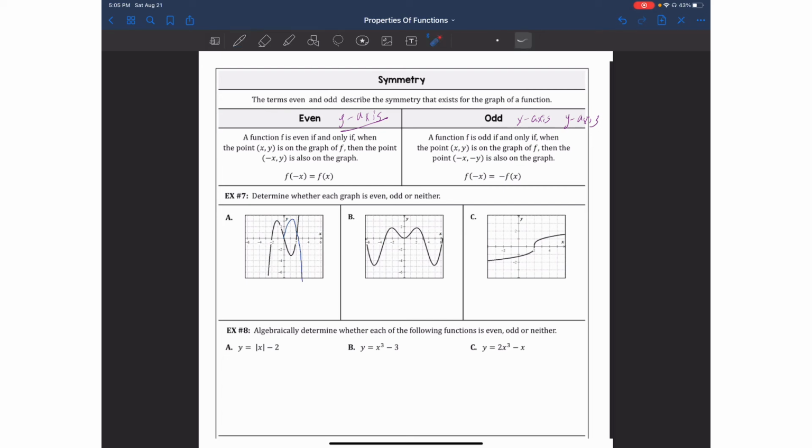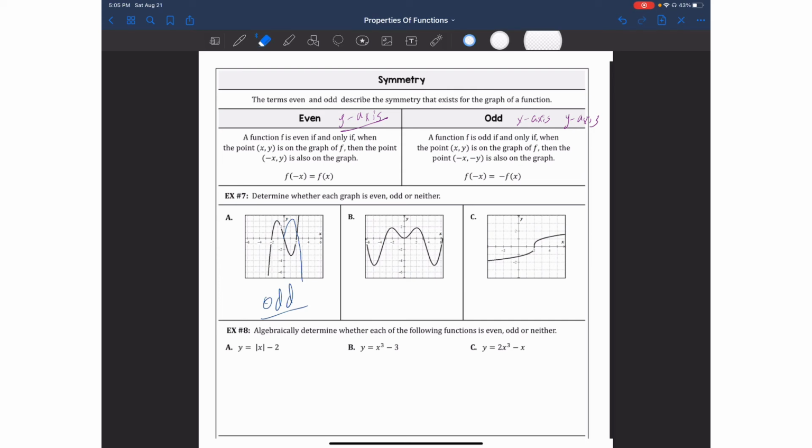And then if I were to fold it again and reflect the piece that I just drew, we're only going to do it with half of it. And reflect again across the y-axis, this line or this curve will actually look like that, and you can see how they overlap. So this is going to be an odd function.